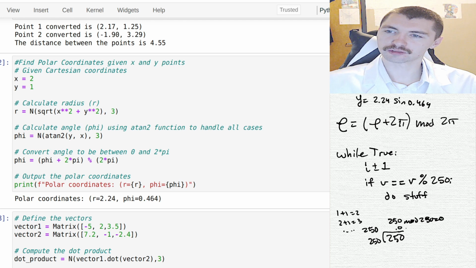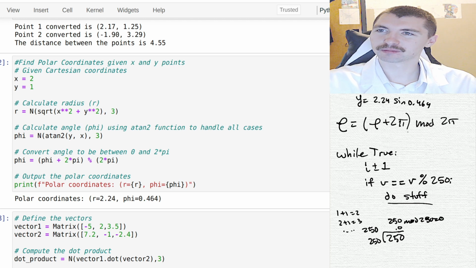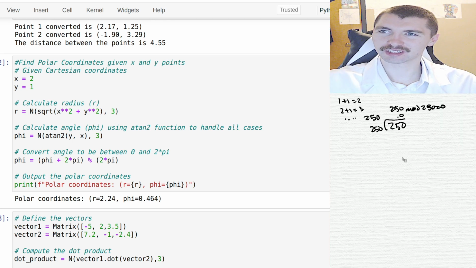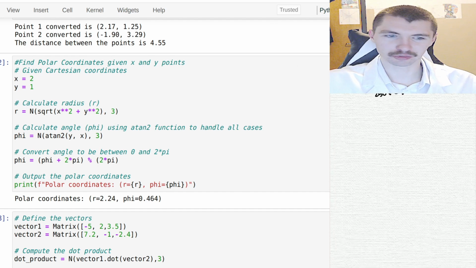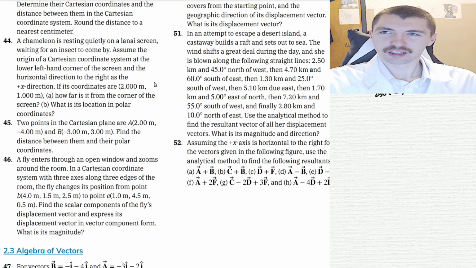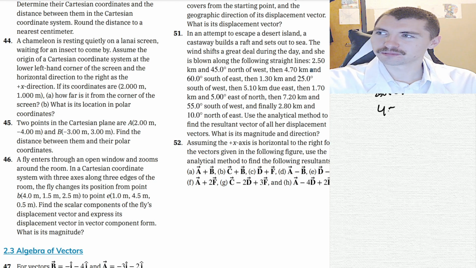So every time it gets to 250, something happens. Here it's doing something similar, where every time you get to 2 pi, it's going to reset. I don't know if that's necessary for our purposes, but I thought it was really cool, something the language model came up with. So let's move on.